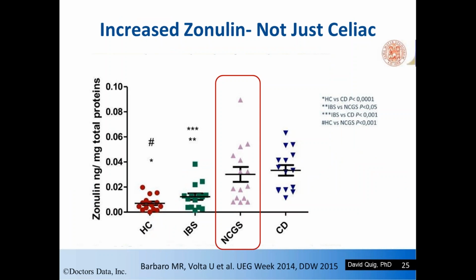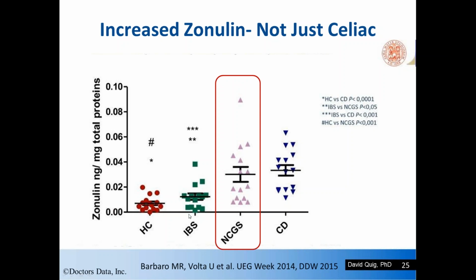Now, in research that was recently published at a national microbiology meeting, Dr. Barbaro produced evidence to show that levels of zonulin in serum were significantly elevated in celiac disease patients, also elevated but to a lesser extent in non-celiac gluten-sensitive patients.